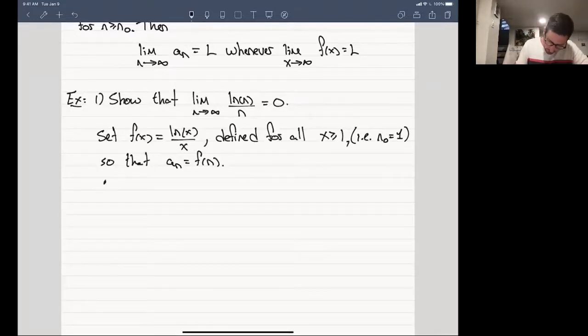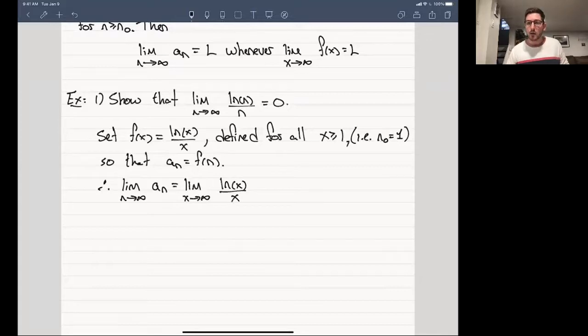Therefore, the limit as n goes to infinity of an is equal to the limit as x goes to infinity of ln of x divided by x. And now we're in the case of an indeterminate form. Ln of x goes to infinity as x goes to infinity, so you have infinity over infinity here.